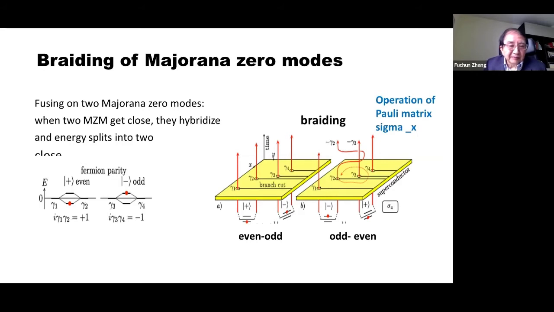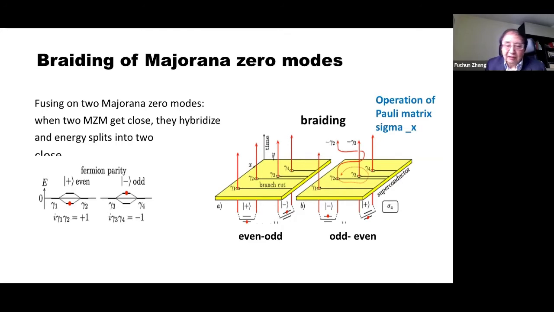So the energy of the two Majorana zero modes will split. One is slightly positive, the other is slightly negative. Then there are two cases.